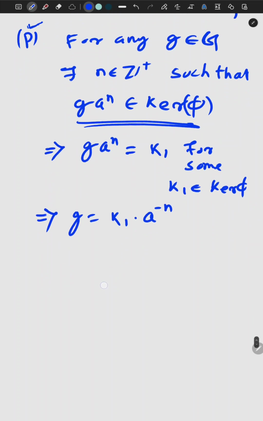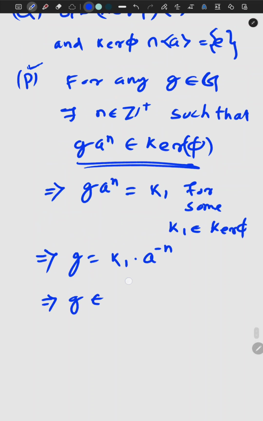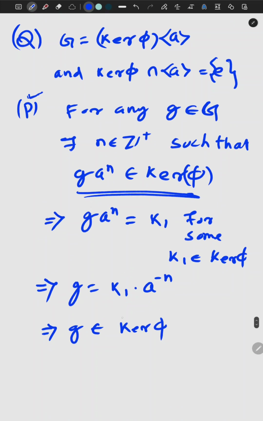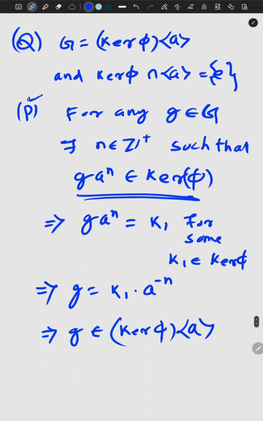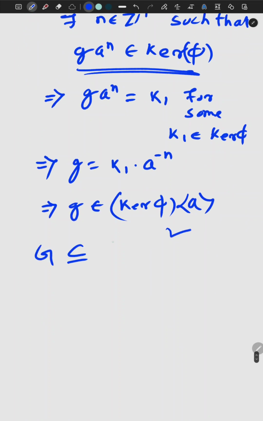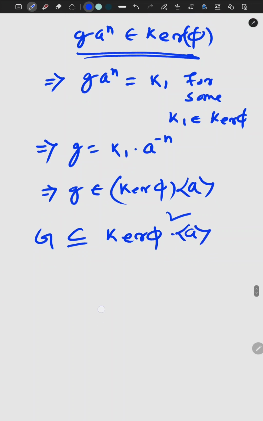This implies that g belongs to kernel phi times the subgroup generated by A. Taking any arbitrary g, it belongs to this set, so G is a subset of kernel phi times the subgroup generated by A. These things we have proved.